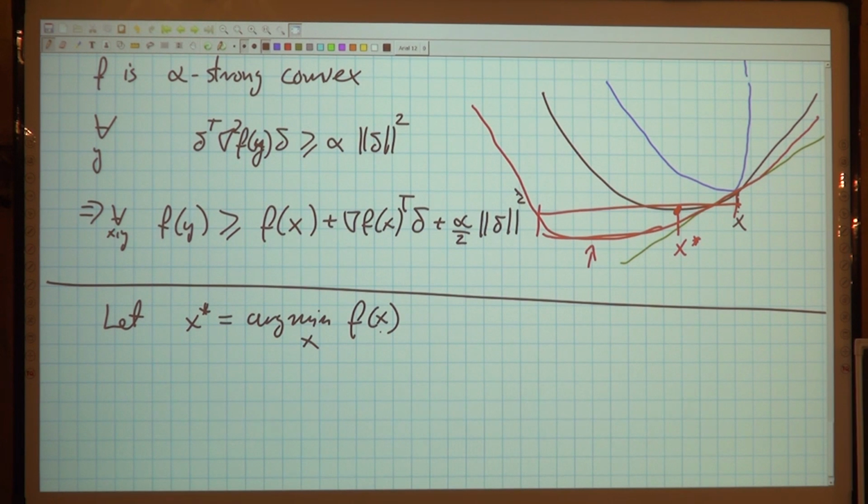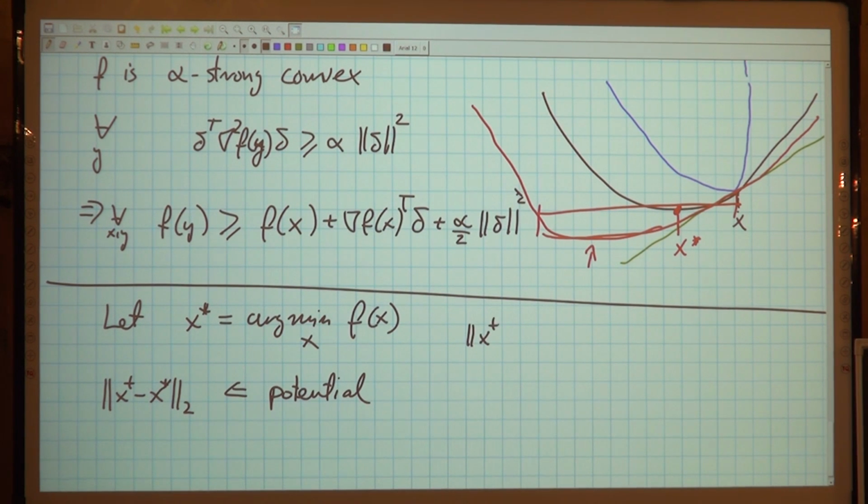Now I will measure how far I am from this point in L2 norm, and I will analyze how much I improve this distance in each iteration. So this will be my potential, and I will show that each step of my method reduces the potential by some significant amount. Okay, so let's try to do that.